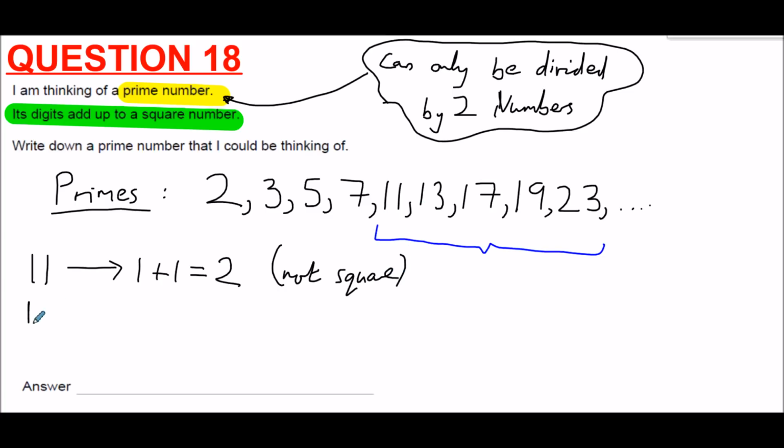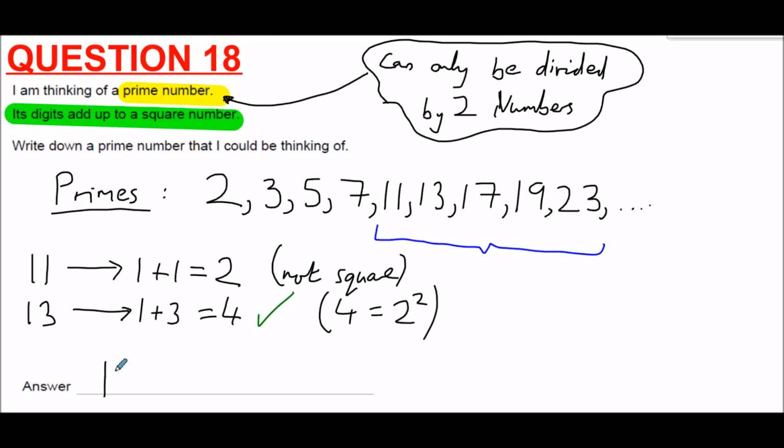But 13 is 1 and 3. Now 1 and 3 equals 4. Now that is a square number because 4 is the same as 2 squared. 4 is 2 times 2, and so it must be 13 that this person was thinking of, because 13's prime and 1 plus 3 equals 4, which is 2 squared.